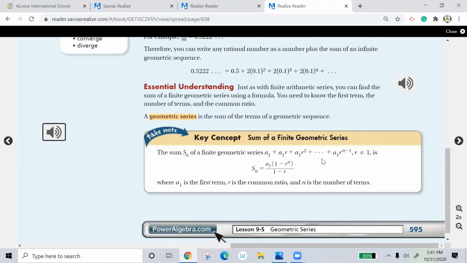So this is the formula: S sub n equals A sub 1 times 1 minus R raised to n, all over 1 minus R. Remember, A sub 1 is our first term, R is the common ratio, and n is the number of terms.